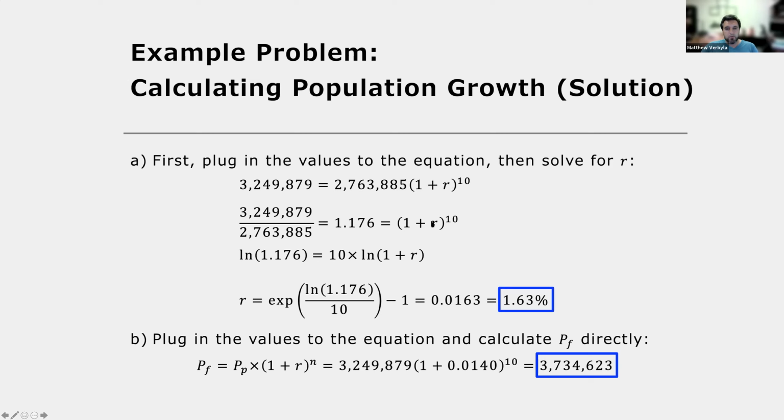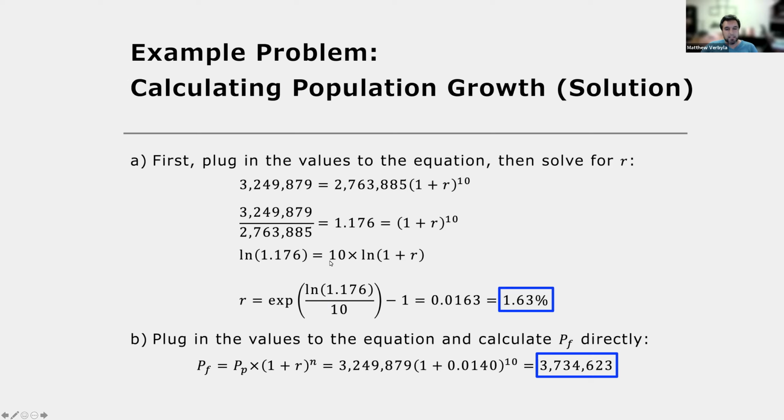Then, in order to further rearrange this equation to solve for R, we take the natural log of both sides of the equation. So the natural log of 1.176 and the natural log of 1 plus R raised to the 10. When you take the natural log of 1 plus R raised to the 10, the exponent can be brought in front and made into a multiplication.